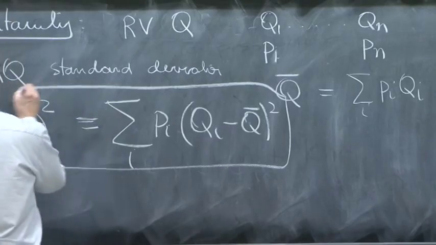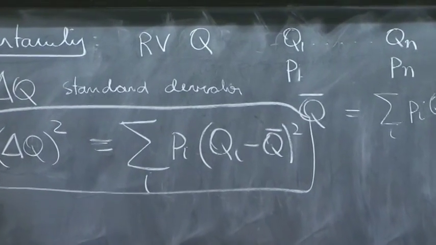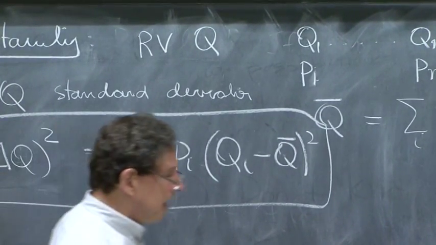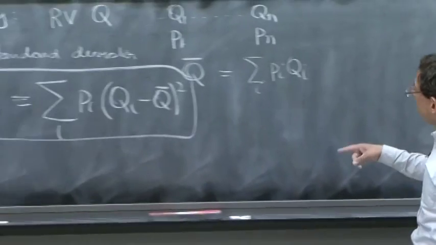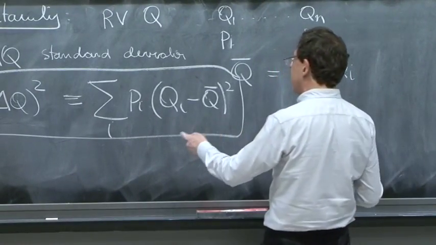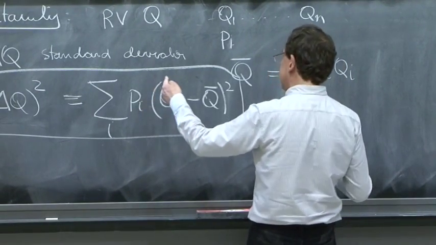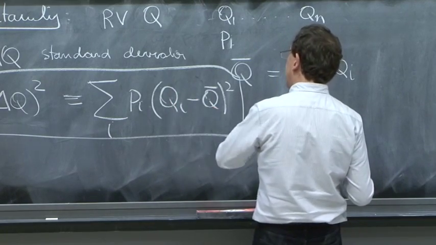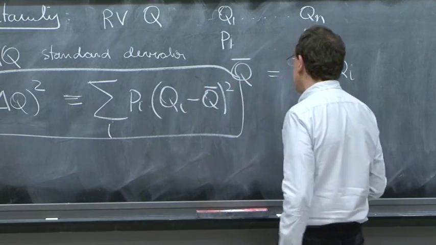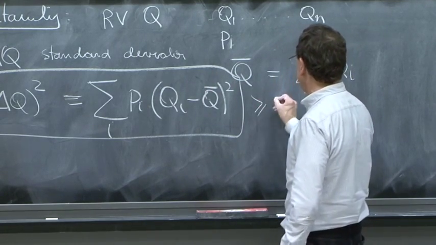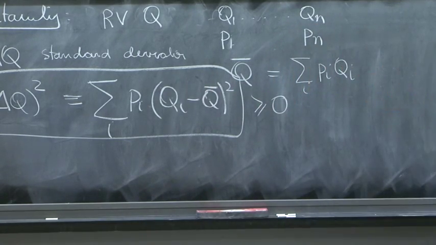Now this is the definition, and it's a very nice definition because it makes a few things clear. For example, the left-hand side is delta Q squared, which means it's a positive number, and the right-hand side is also a positive number because you have probabilities times differences of quantities squared. So this is all greater than or equal to 0. And moreover, you can actually say the following.